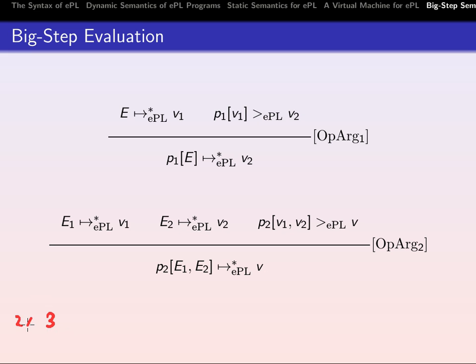2 times 3. Let's go the same way. Plus 4 times 5 plus 6 divided by 2. So we don't have very large numbers, right? So what allows me to write that this goes to, let's say, 2 plus 3 plus 20 plus 6 divided by 2?